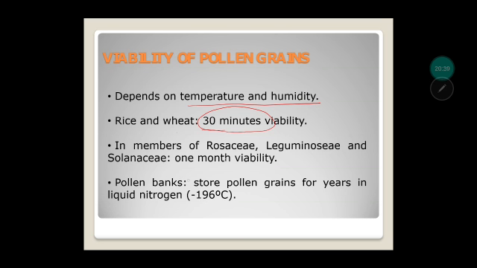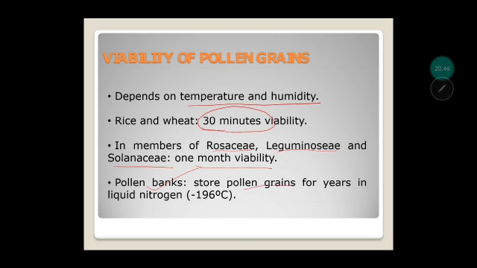In members of Rosaceae, like the rose family, Leguminosae, that is legumes, the pulses, and Solanaceae, like potato and brinjal, pollen has one month viability. That is why pollen banks are there. What are pollen banks?